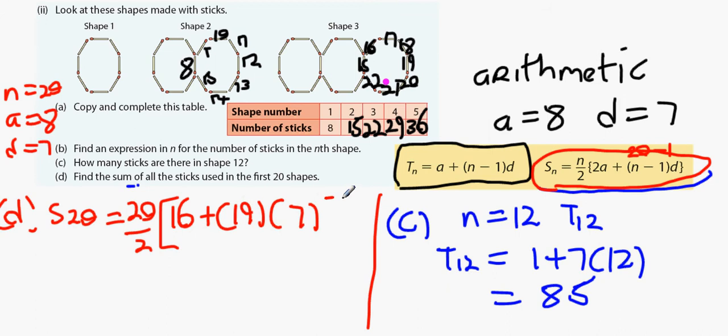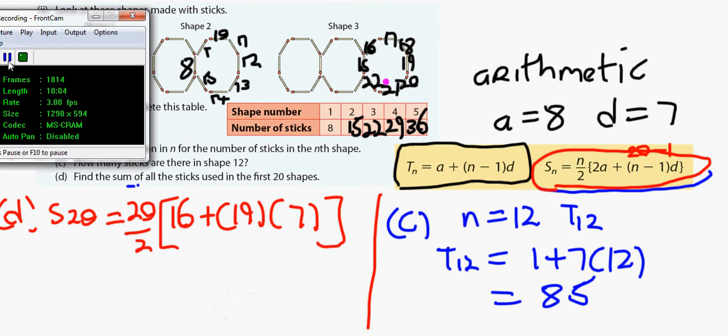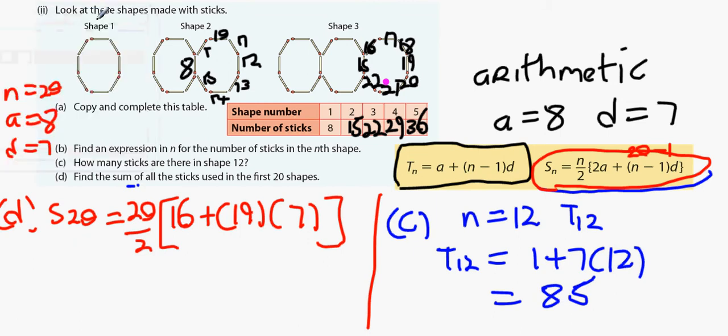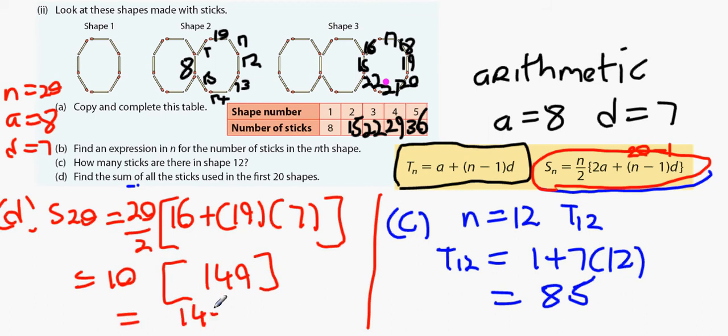So you're going to take out your calculator next and do this. What we're going to get is 10 multiplied by 16 plus 19 times 7. And that's 149. Then 10 times 149 is 1490. And we know that's correct. So next one.